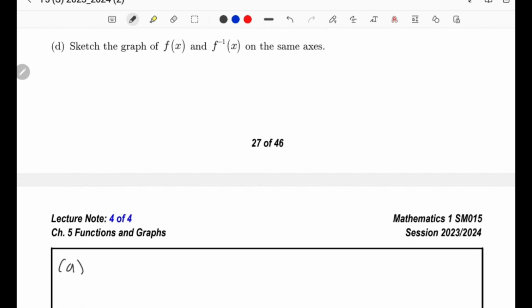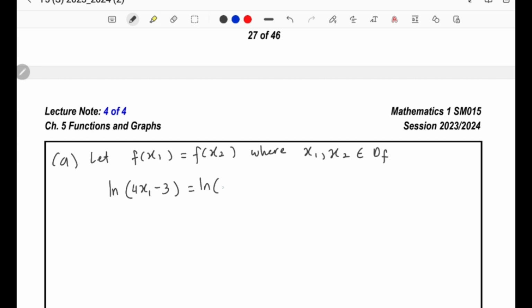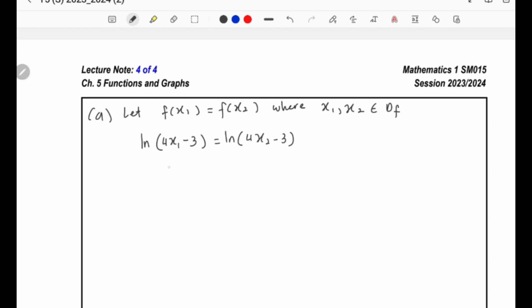I'm going to use the algebraic method, which is let f(x1) equals f(x2), where x1, x2 is the domain of f, and then substitute x1 into the x, and then substitute x2 into the x, and then compare.